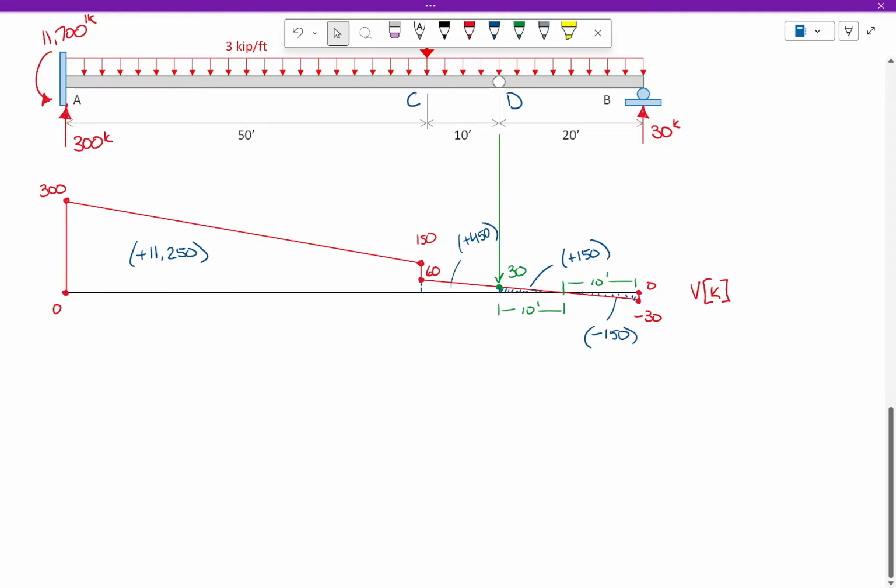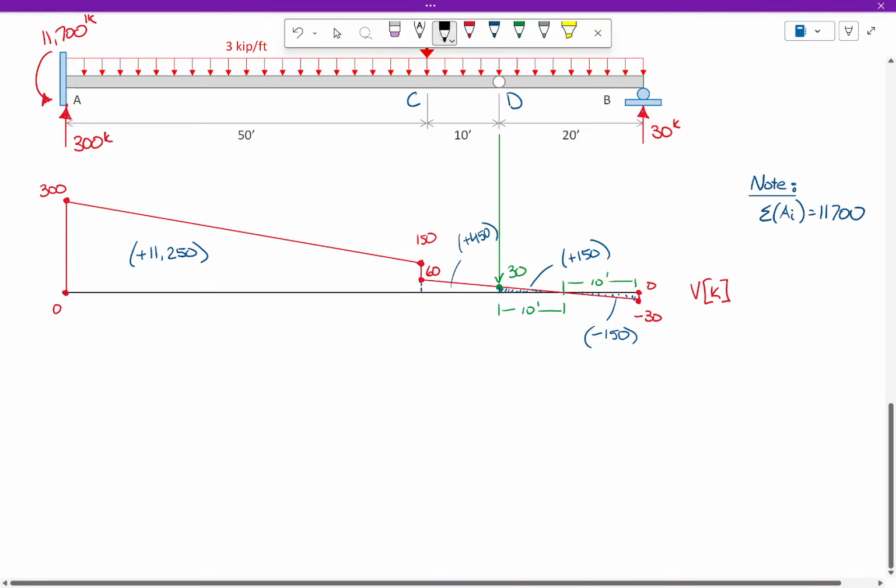Okay, by the way, what is the sum of the areas? 11,700. So that means that concentrated moment there at the very beginning is going to be a drop downwards. Okay?